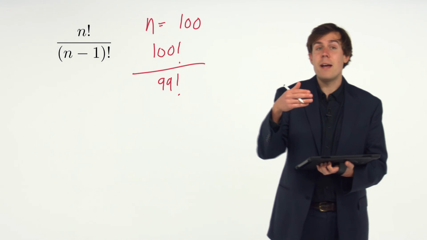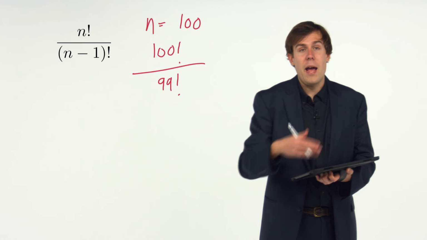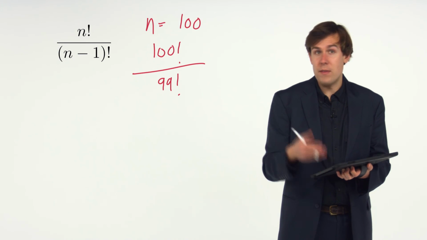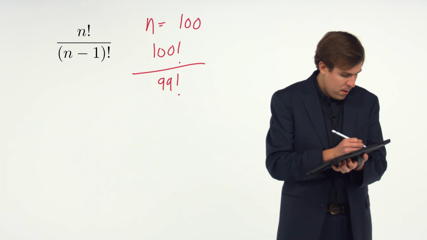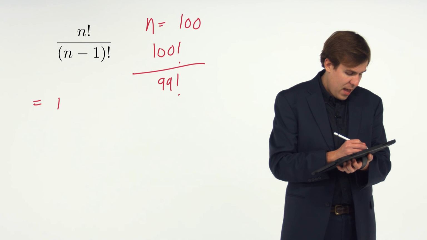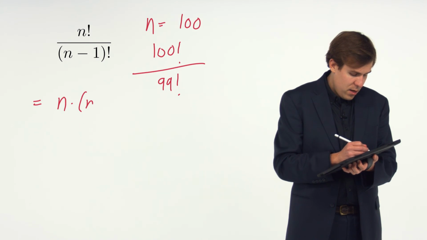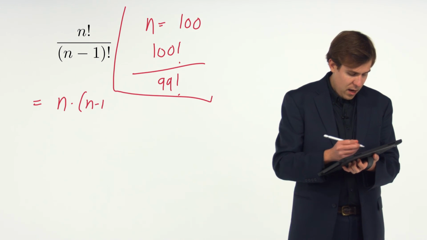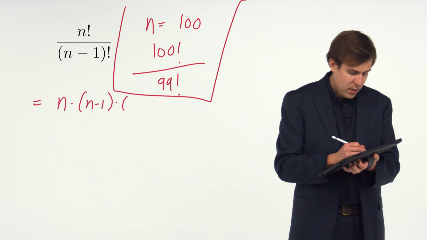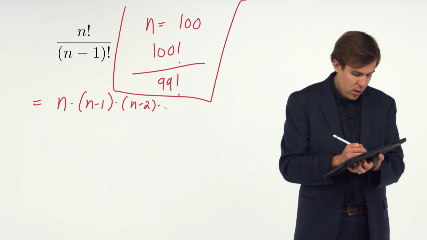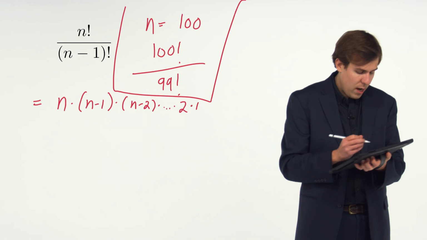And we can do that by expanding n factorial and n minus 1 factorial in the same way we did in the previous example. So we can write that this is n times n minus 1 times n minus 2, and so on down to 2 times 1.